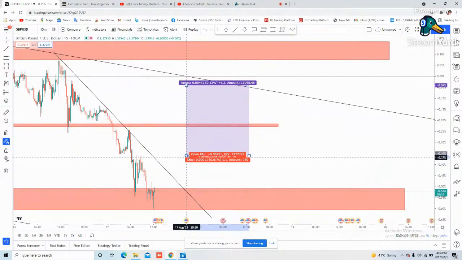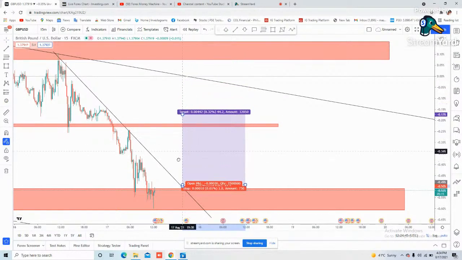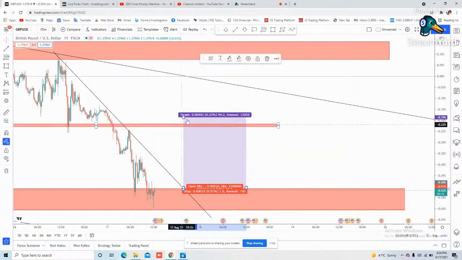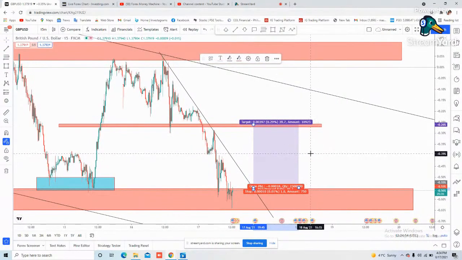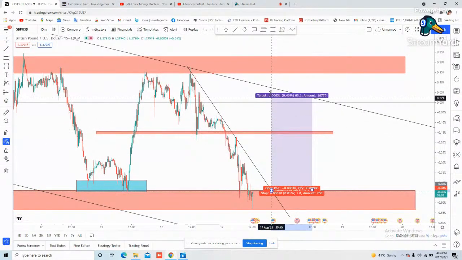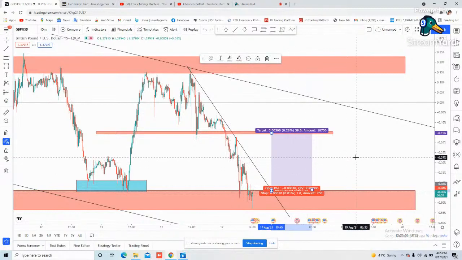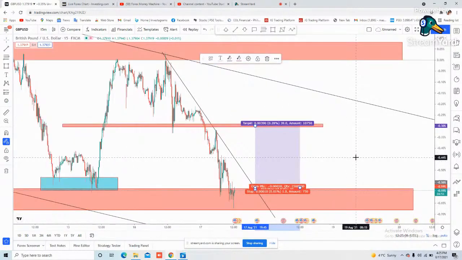Just risk 1% of your total capital in a trade. Yes, here. If the price breaks here, then here is your target price for scalping, or here, second TP. If you have a 5,000 portfolio, 1% of 5,000 is only 50 bucks, $50, the amount you are willing to lose. You risk this $50.